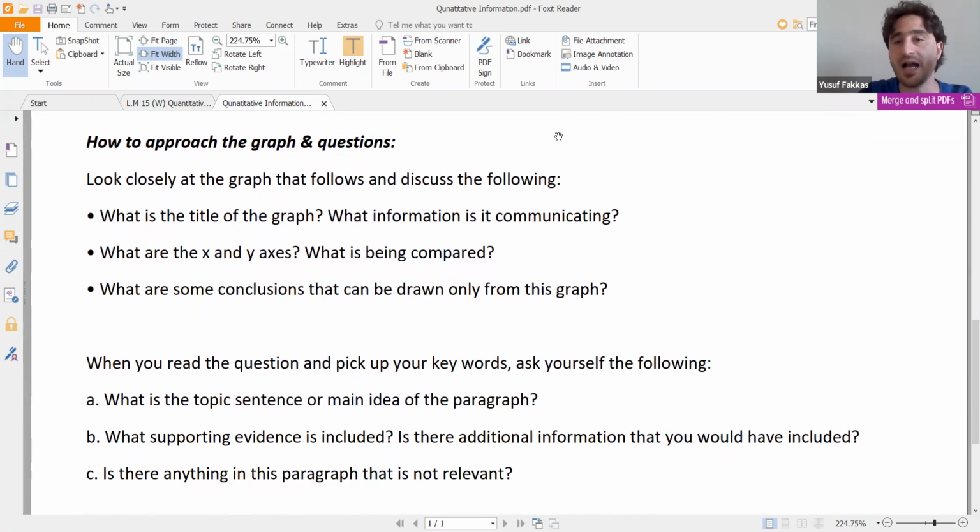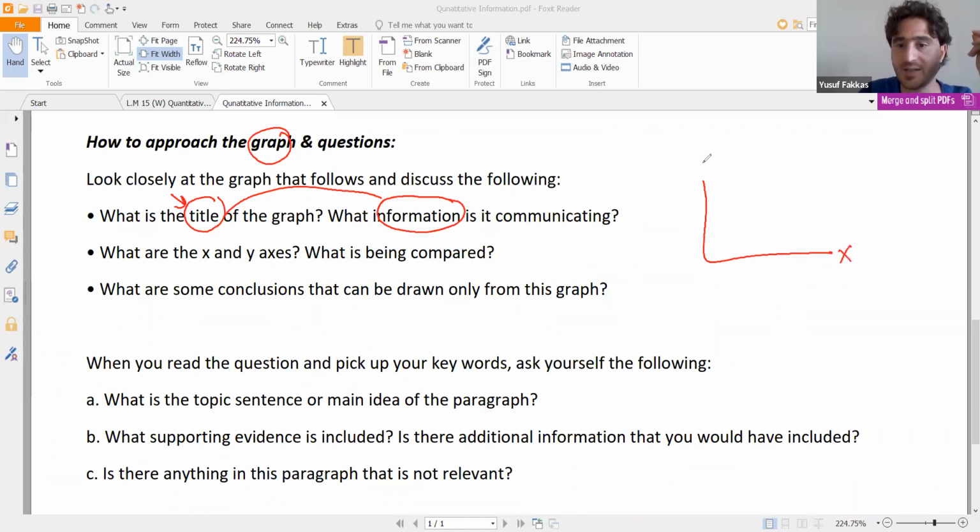So when you have the graph, you need to stop there, of course, and to answer the question, you have to look at the graph. Okay, what do you look at? First of all, do not ignore that. You should read the title of the graph. That's very important, because the title will tell you exactly what kind of information we have there. Then, for example, it's a diagram, so it has an X and it has Y, right?